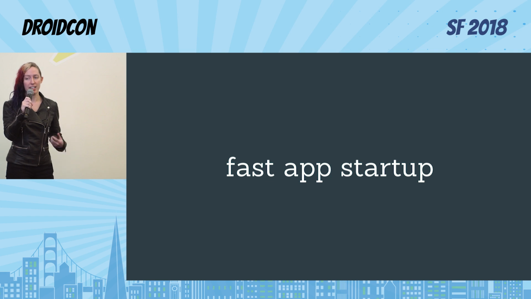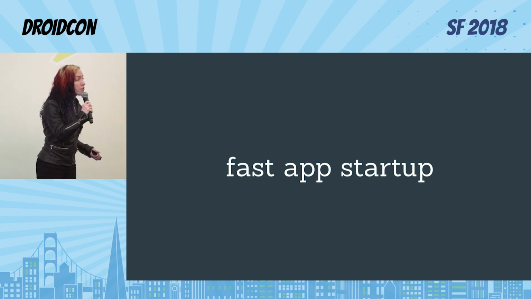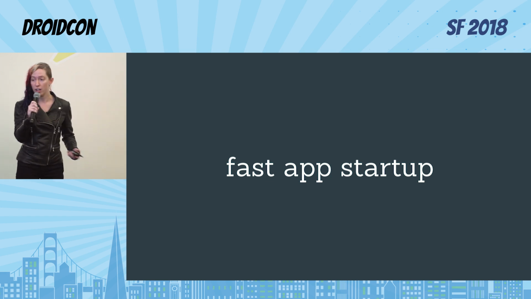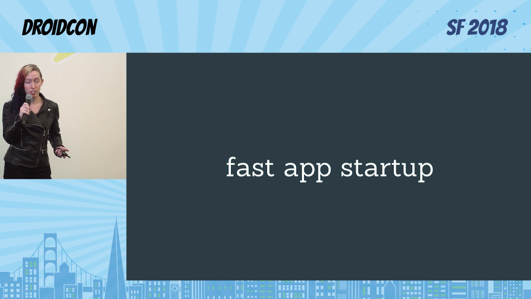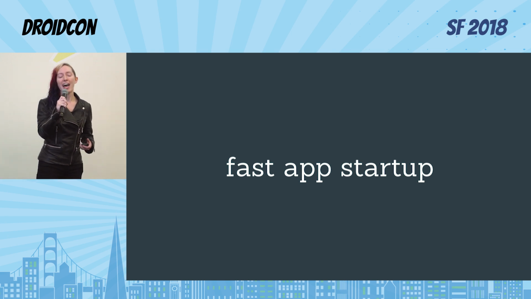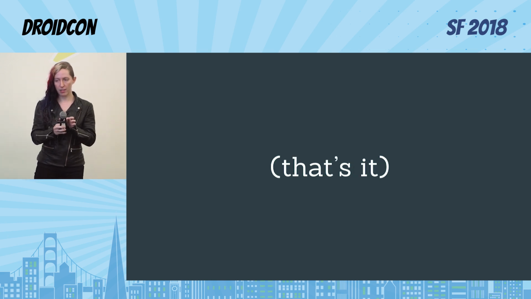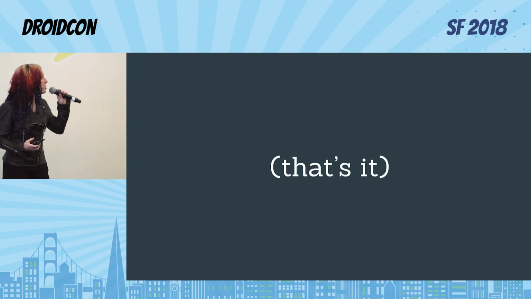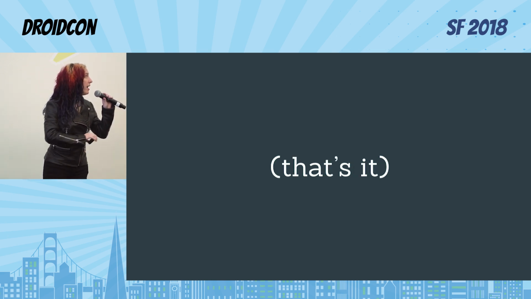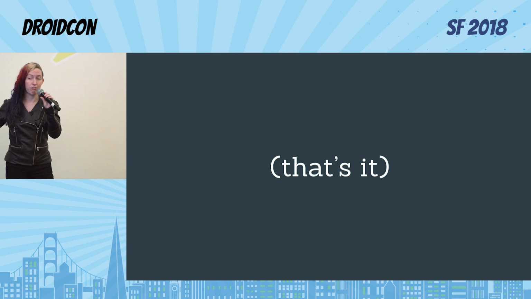When we can't do that and an app is killed in the background, or of course when it's the first time an app is opened on the system at all, we need to make sure the cold app starts are as efficient as possible. And a lot of that effort comes from you, the app developers. And that's really it. With just those two goals in mind, everything else performance-related just kind of follows.